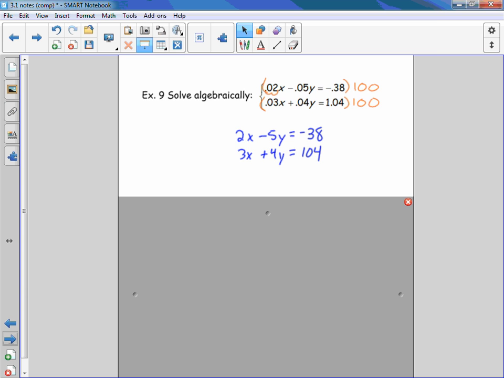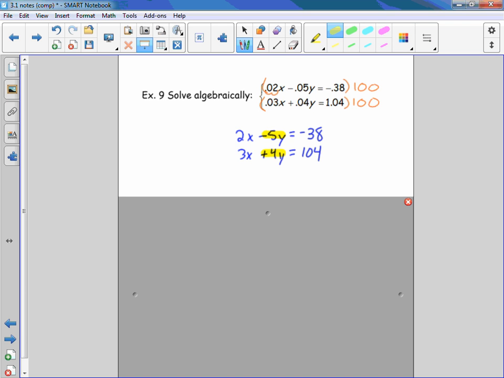This system right here would be one that I would not utilize substitution for if I had a choice, because none of the coefficients in front of the variables are 1 or -1. So I would probably utilize elimination. I would probably choose to eliminate y because the signs within those terms are opposite.